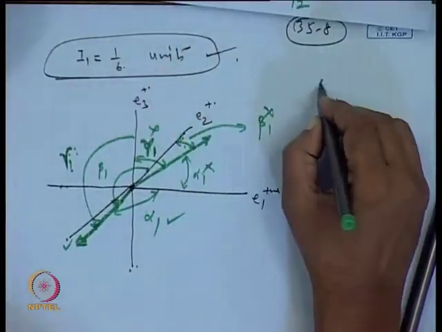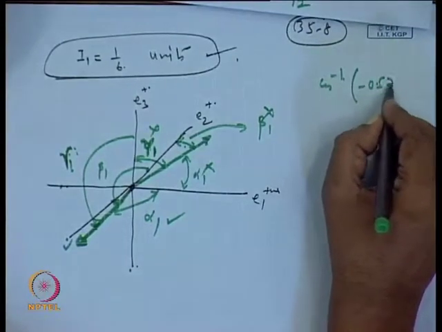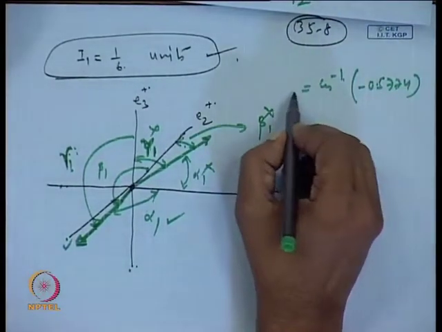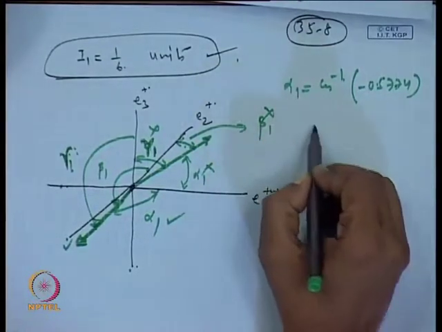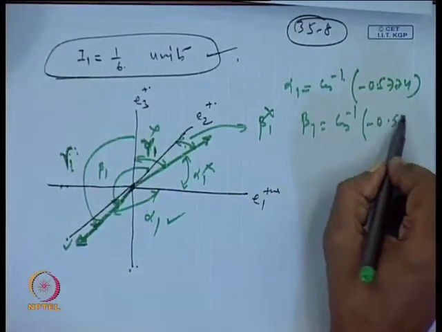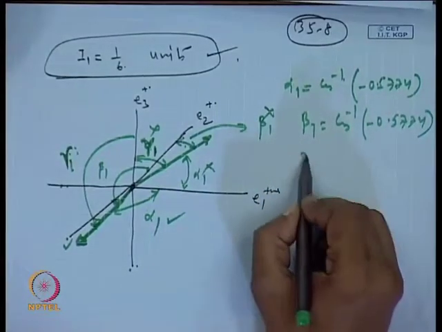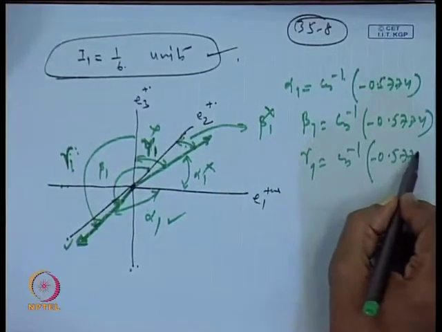So, if you write cos inverse of minus 0.5774, this gives you the value of alpha 1, and similarly beta 1 you can get as cos inverse of minus 0.5774 and so on. Gamma 1 also you can write as cos inverse of minus 0.5774.